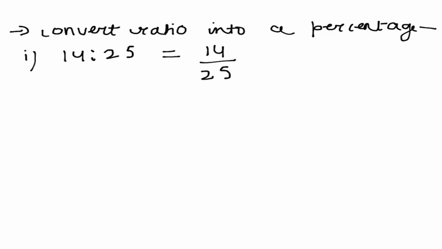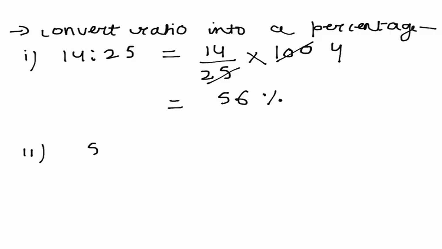As we already know the step now, we will multiply by 100, as we have to convert a fraction into a percentage. Now 25 times 4 is 100. So we will get 100 over here, 4 over here, and 14 times 4 will give us 56. So that means 14:25 can be written as 56%.